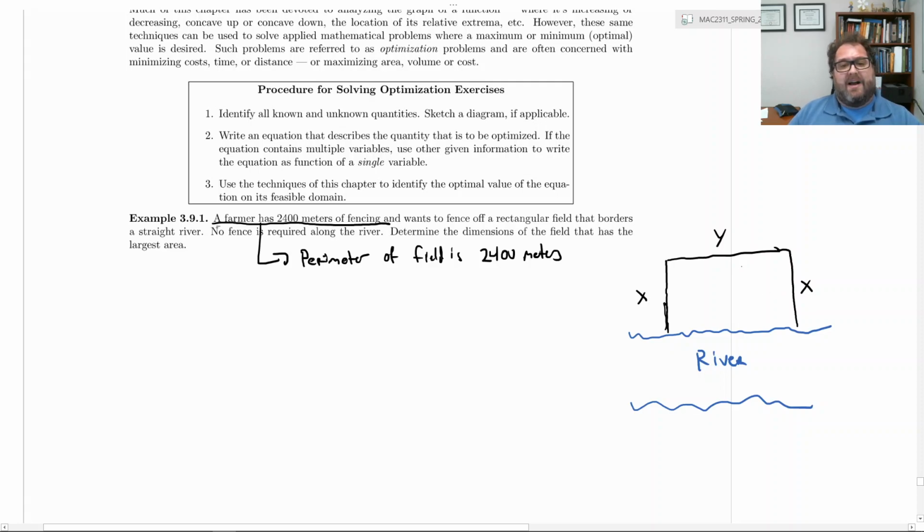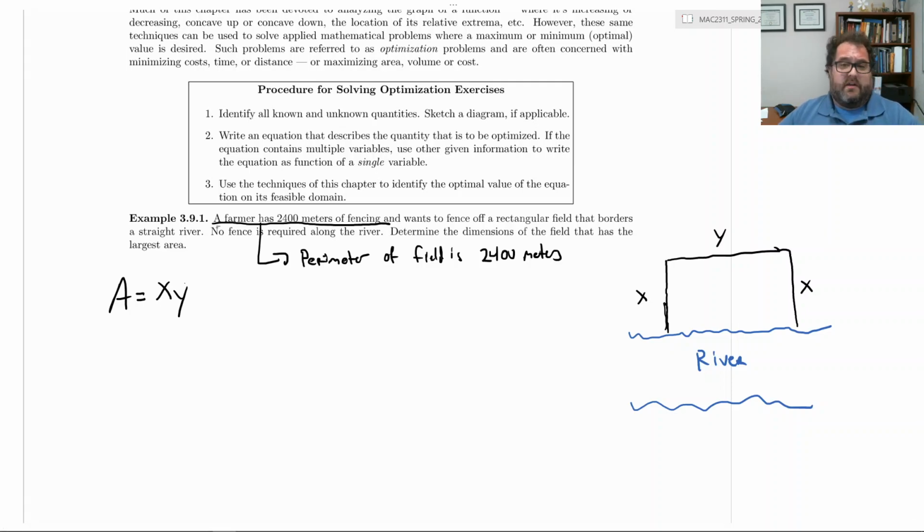Now we're trying to optimize area, determine the dimensions of the field with the largest area. So we want to optimize area, I'll call it A. And what does A equal in terms of how our picture is set up? Well, A equals X times Y, right? Okay, well, here's the problem. We want to get a function in terms of x.